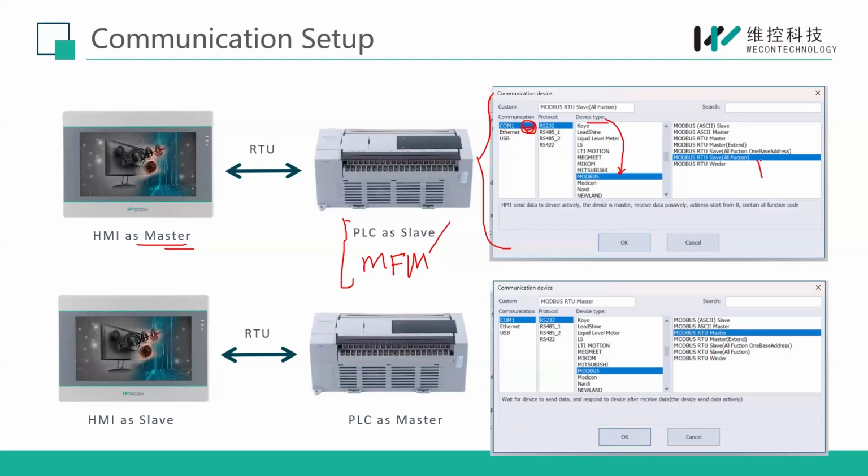You have to select this function. Basically it means that the HMI is a master and it will communicate with the third party slave device. Whenever you select this Modbus RTU slave function, our HMI will become a master and communicate with the slave devices.